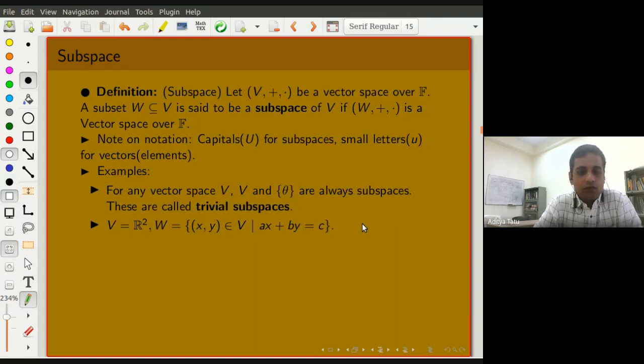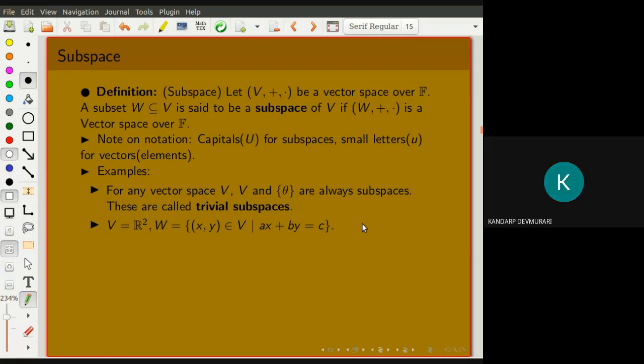This set W, can you identify what this set is? What is this W? A line. Do you think a line in R2 will be a subspace? Yes.